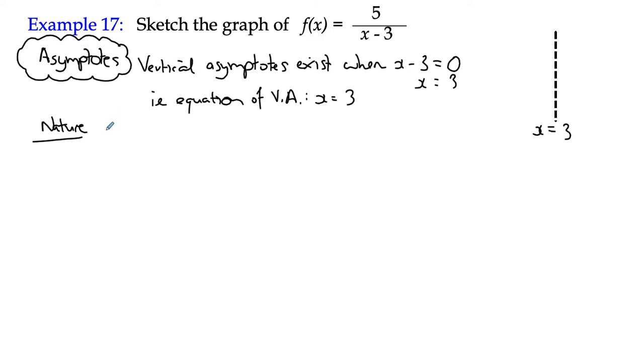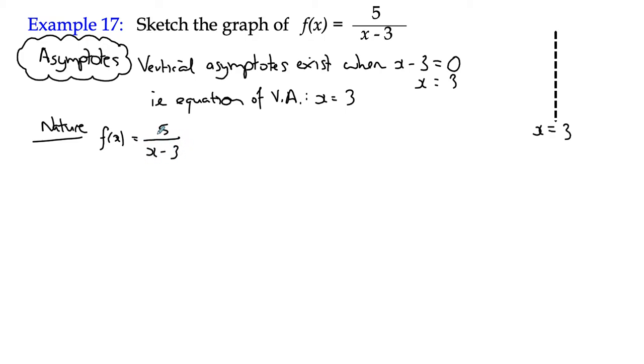How do we do that? Well, this one is a bit fiddly, because the order of the denominator is bigger than the order of the numerator. So we know that we're going to get some odd things happening later on with our non-vertical asymptote. But let's check and see if there's a function here.